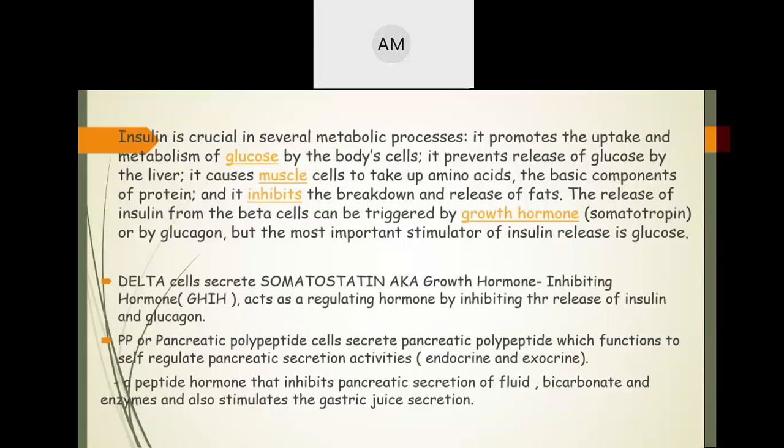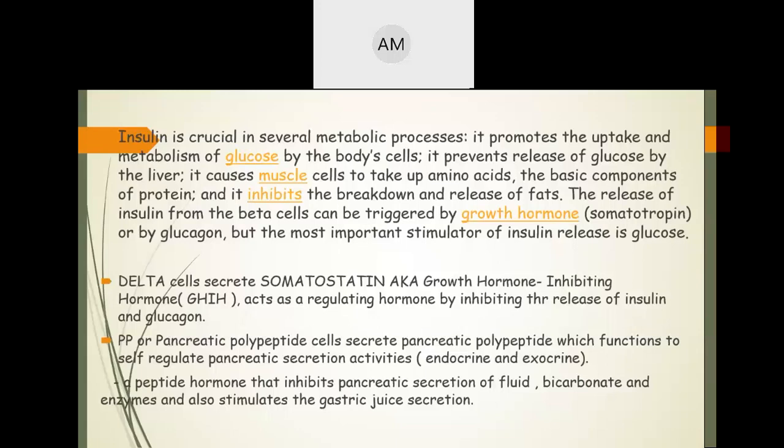So the third type of cells are delta cells, which secrete somatostatin, also called growth hormone inhibiting hormone, GHIH, which acts as a regulatory hormone. Regulatory hormone means that in the body there are always regulating things.